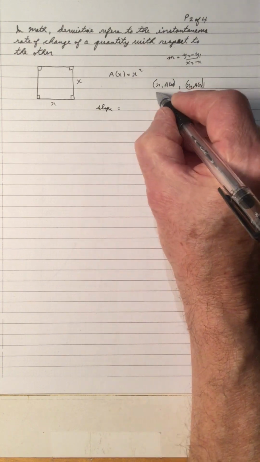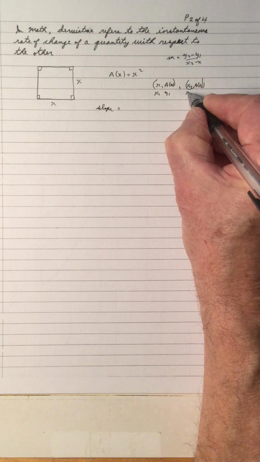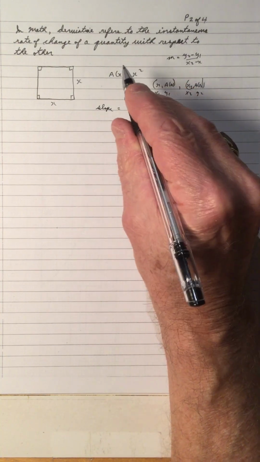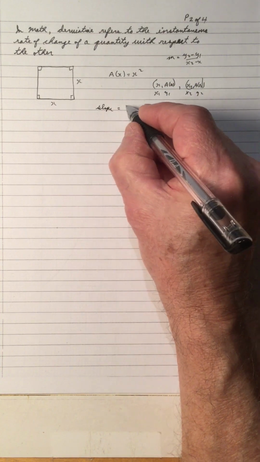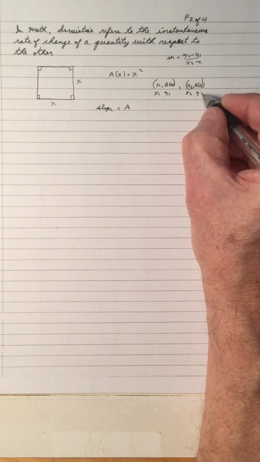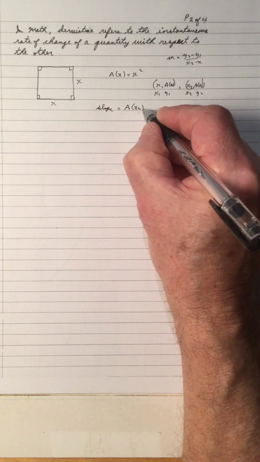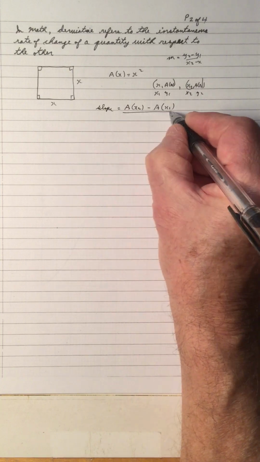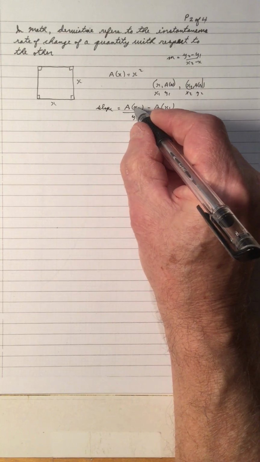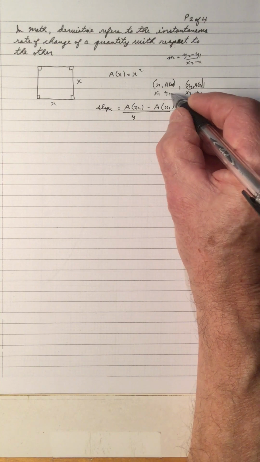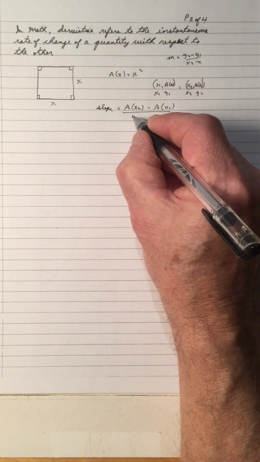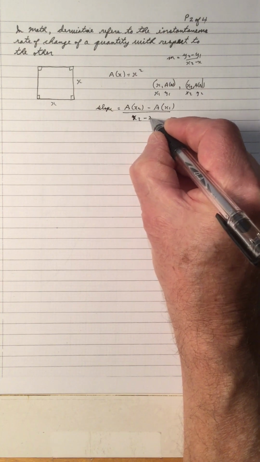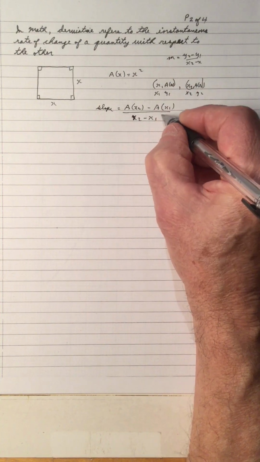So the instantaneous rate of change, or the derivative, is the slope: y2 minus y1, the areas, over x2 minus x1.